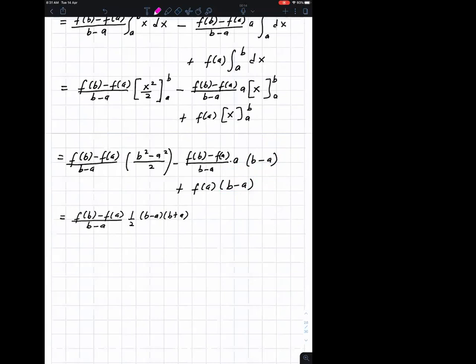Factor the B minus A. Okay, let me do this on the second line because I don't want this to be too small. Factor out the B minus A.